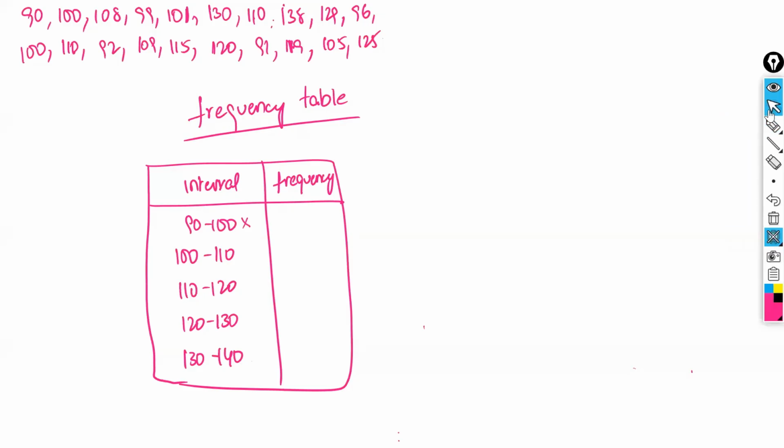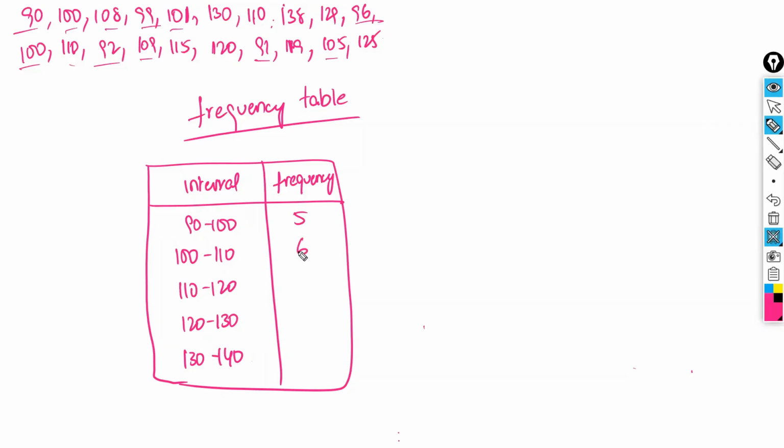From 90 to 100, how many values are there? 1, 2, 3, 4, 5. 5 values are there. Next, 100 to 110. 110 should not be included, but 100 should be included. 1, 2, 3, 4, 5, 6. 6 values.